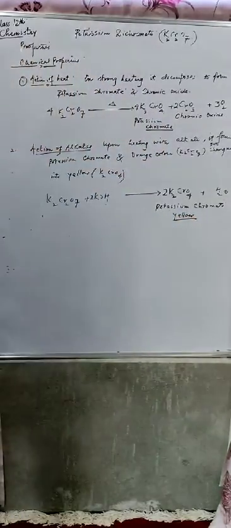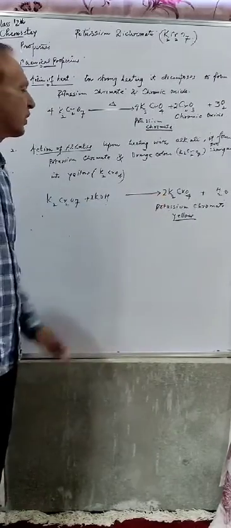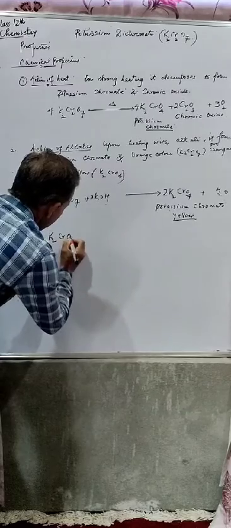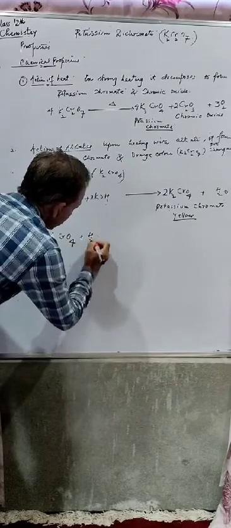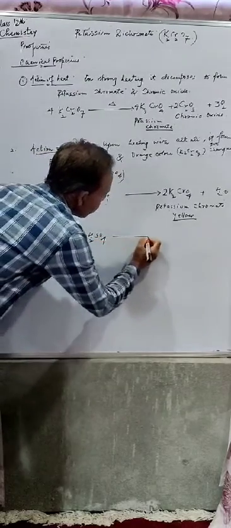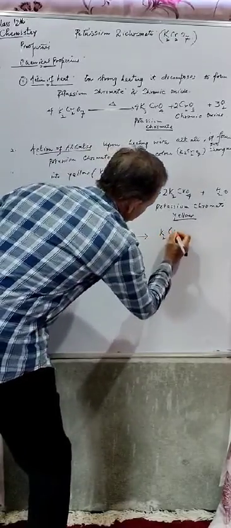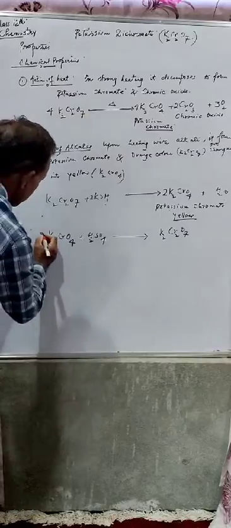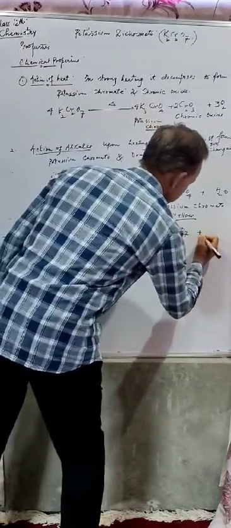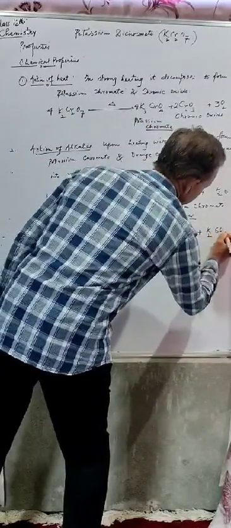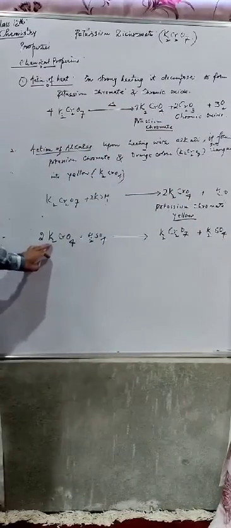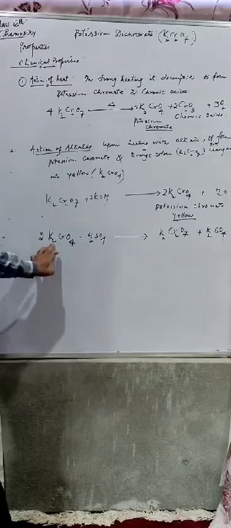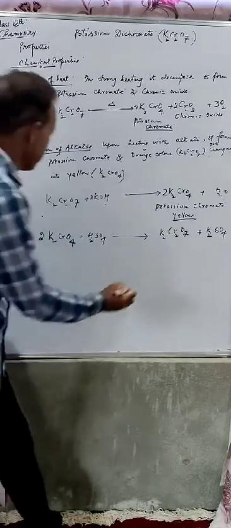But on acidification of the solution, when this potassium chromate is treated with H2SO4, it again forms K2Cr2O7 plus K2SO4 plus H2O.